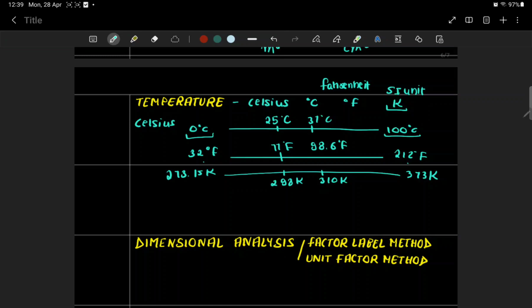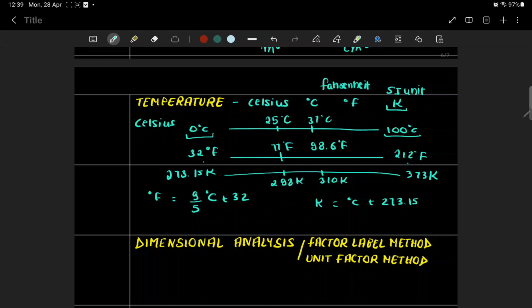When we look at the relationship between these scales, the conversion goes by Fahrenheit is equal to 9/5 Celsius plus 32, and converting Celsius to Kelvin, you add 273.15.